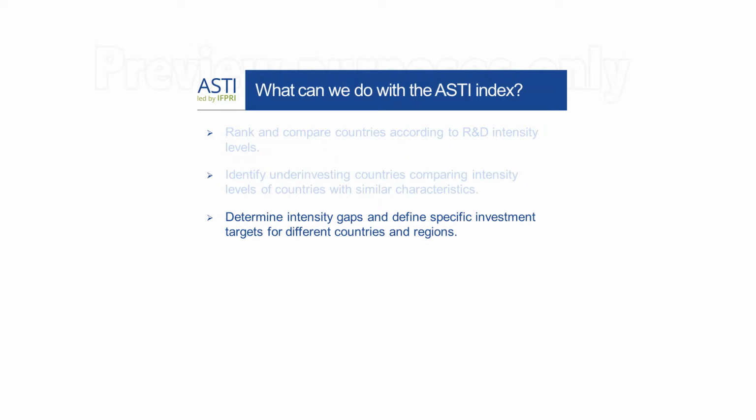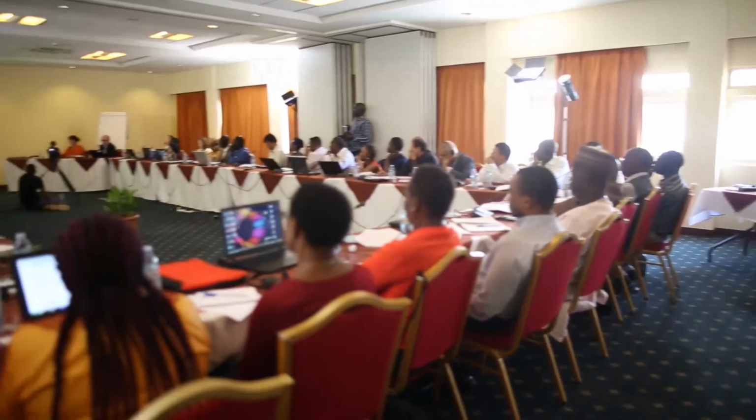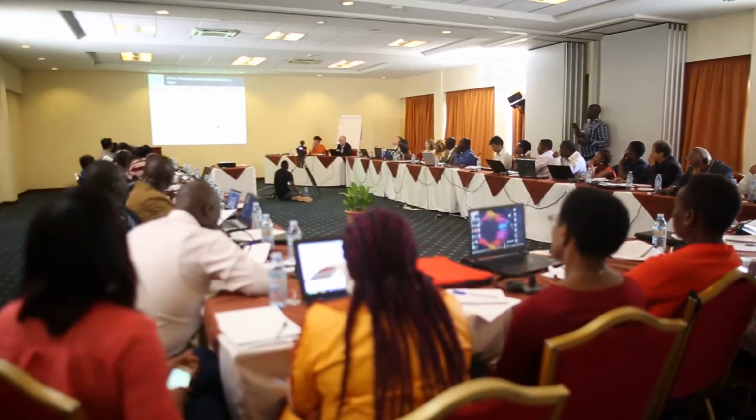When we say this country has a low level of intensity using the ASTI index, it is relative to similar countries in terms of these three components of the index. And then we can also determine intensity gaps and define specific investment targets for different countries and regions. So let me show you how it works.